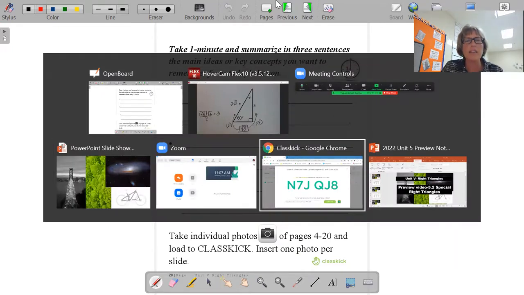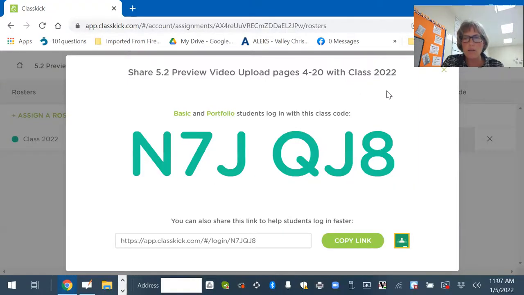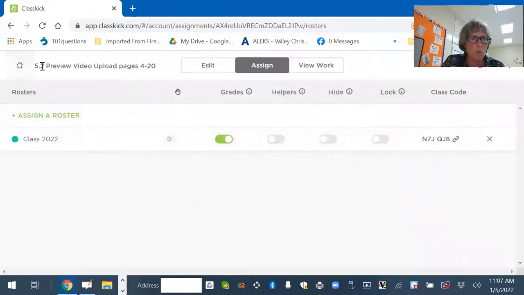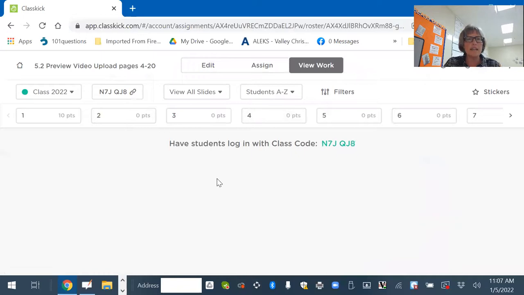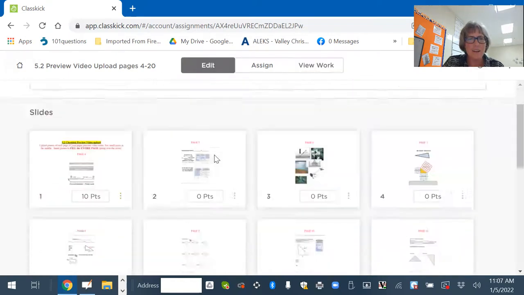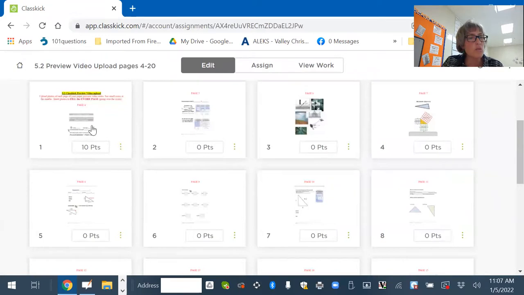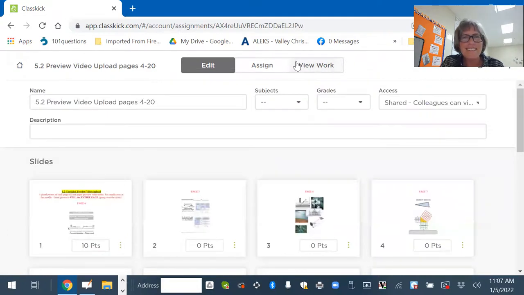In ClassKick, I gave you a code. When you enter this code, you're going to get a slide that looks like this, and you're going to load your photos of each page, 1 photo on each page. It'll streamline the grading. Good luck.